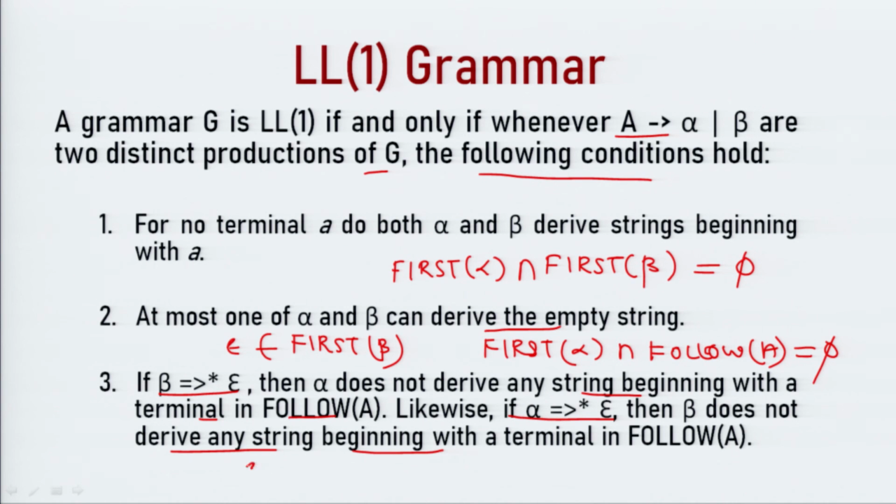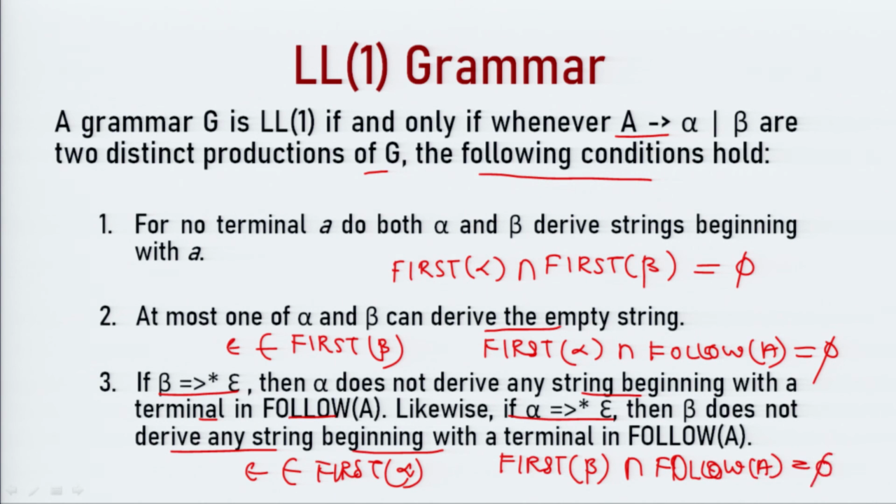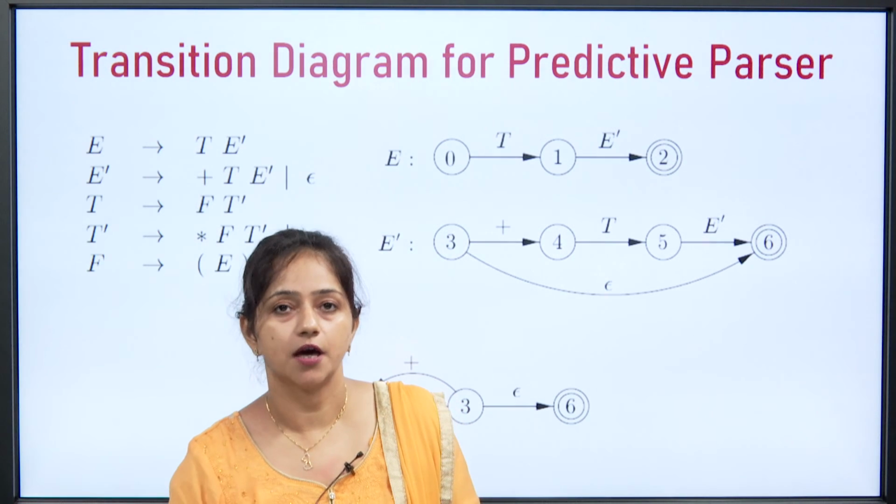Second case, if epsilon is lying in first of alpha, then first of beta intersection follow of A will be equal to phi. Right, that will help us to select a particular production.